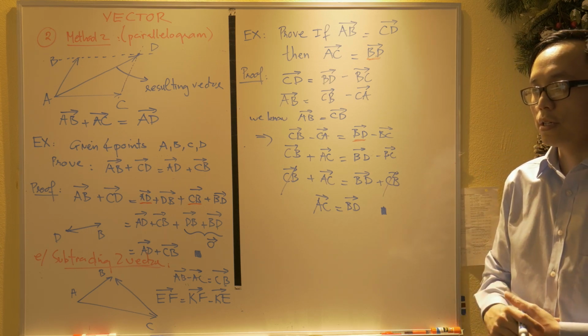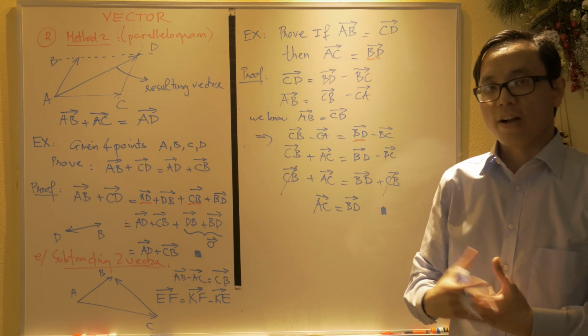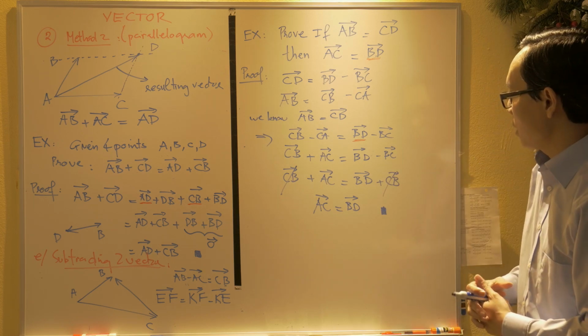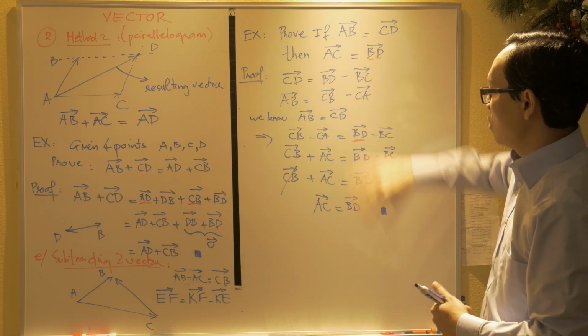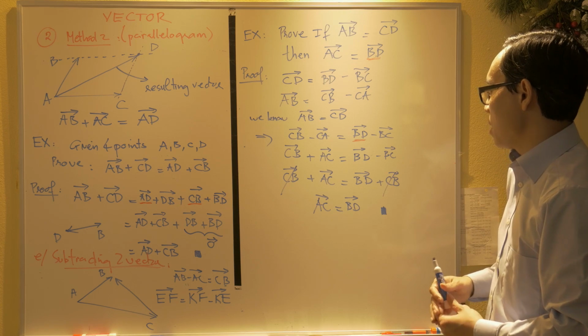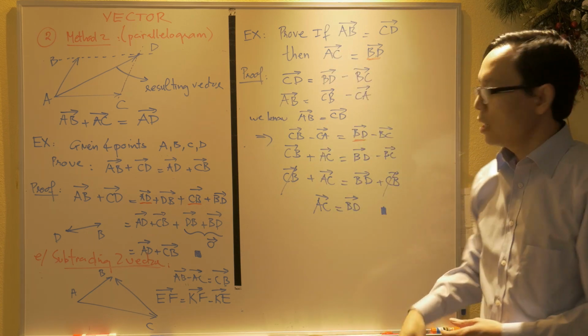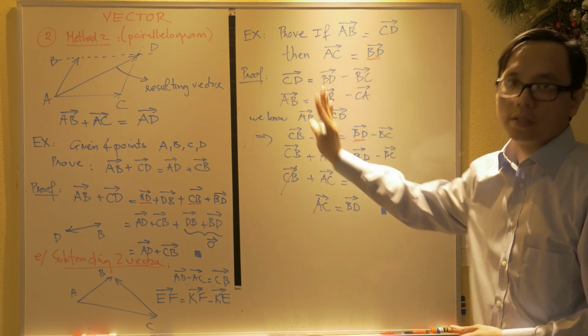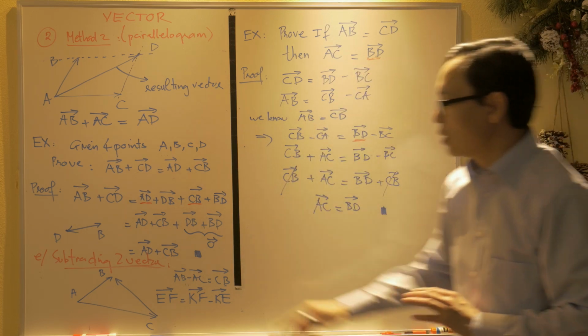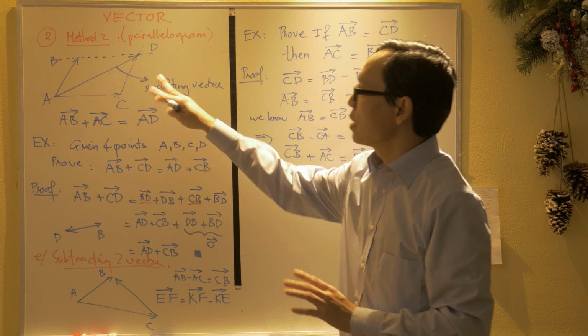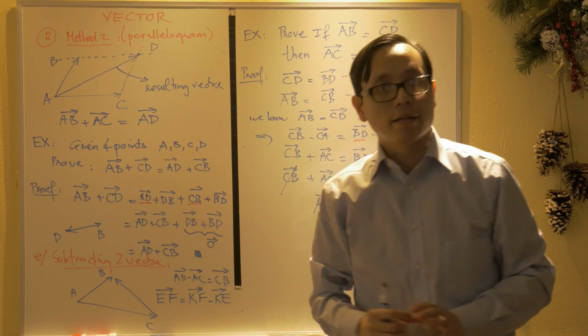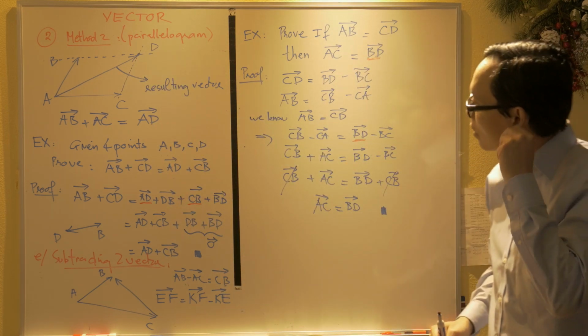It helps you to understand vectors better. But on the exam, I'm not going to give you a proving problem. It's for you to understand the subtracting method and the method of adding two vectors together better.